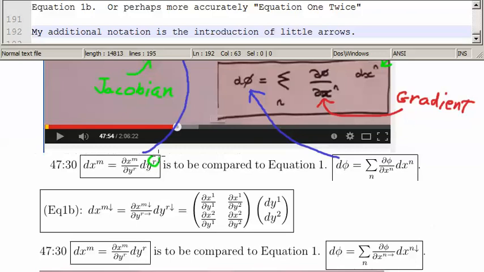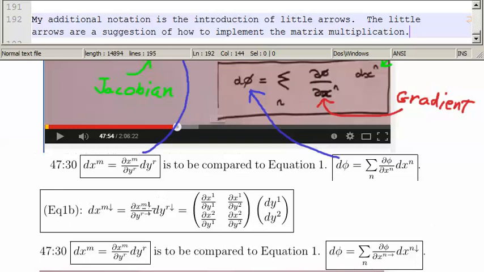And instead of r, I have r to the right, or r down. The little arrows are a suggestion of how to implement the matrix multiplication. So here, having m down means this goes 1, 2, this goes 1, 2. Here, having r going to the right, this makes y go 1, 2, 1, 2 to the right. This having r down means having those go 1 and 2.